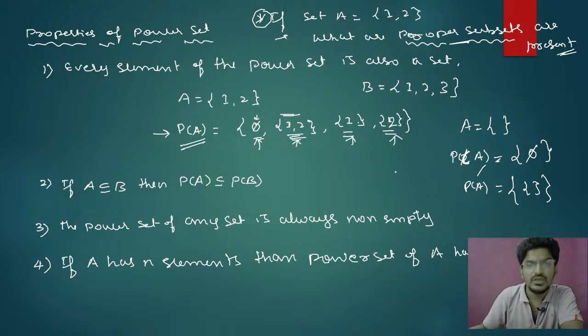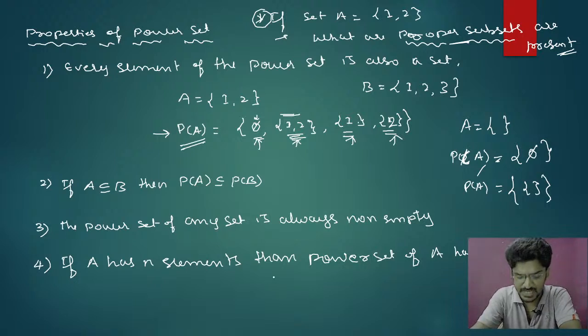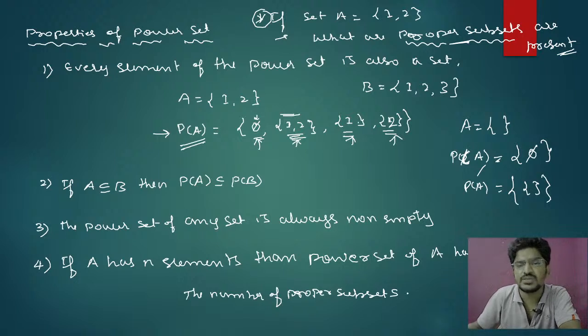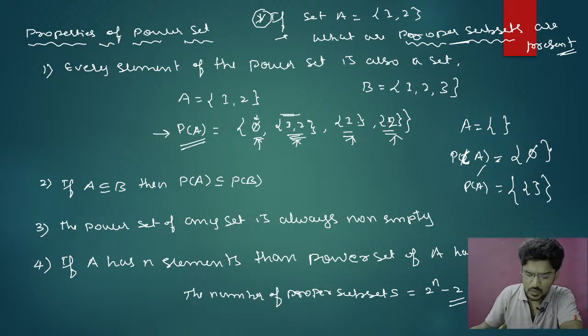Clear? So that's why you remember here, the total number of subsets is given by 2 to the power of n, and you can also write one formula here. The number of proper subsets is equal to 2 to the power of n minus 2.